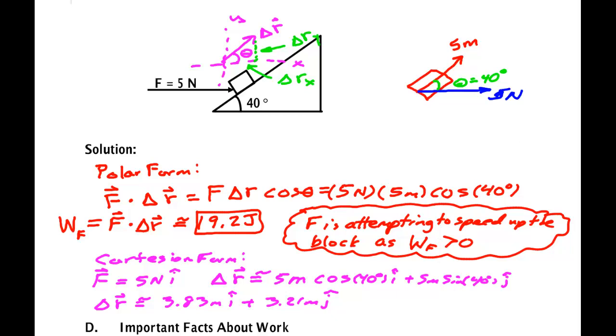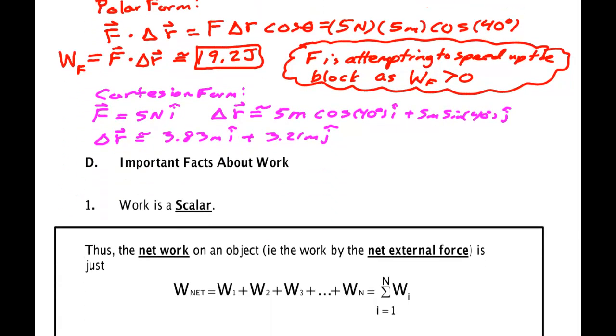Now, to go ahead and apply the dot product, I remind you that the dot product is going to be the x component of the force times delta x plus the y component times the part of the displacement along y.